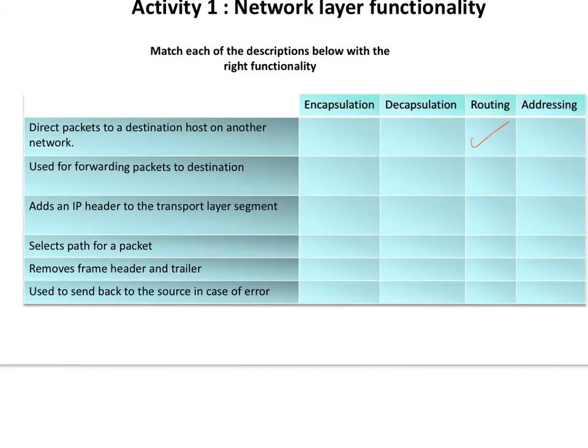We use addressing as part of routing, but you need to distinguish between the two. Just the fact that I know your address doesn't mean that I know how to reach you. In order to direct my car and reach your place, I need to know the end-to-end path. So this is routing.